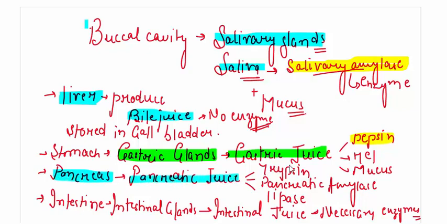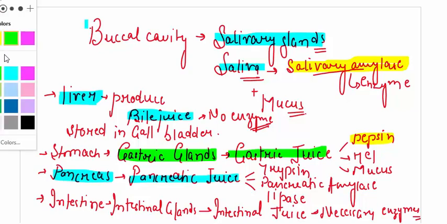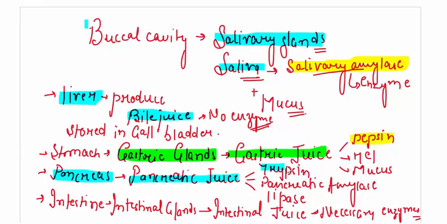Pancreatic juice has enzymes like trypsin, a protein digesting enzyme, pancreatic amylase, a carbohydrate digesting enzyme, and lipase, a fat digesting enzyme.